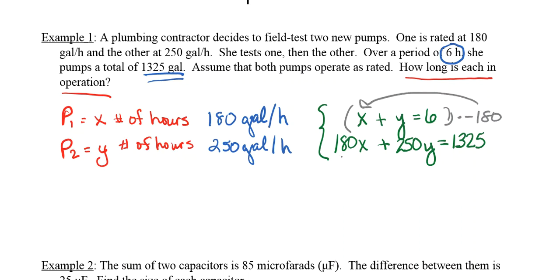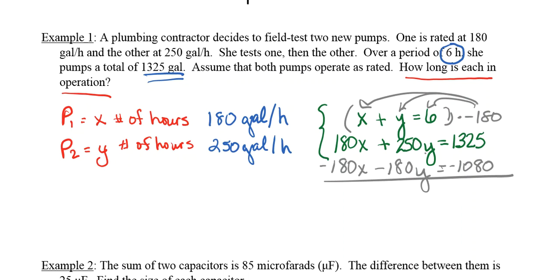So negative 180 times X is negative 180X. Negative 180 times Y is minus 180Y. Negative 180 times 6 is negative 1,080. So they're lined up. My X's have the same number but opposite signs, so I'm ready to go.